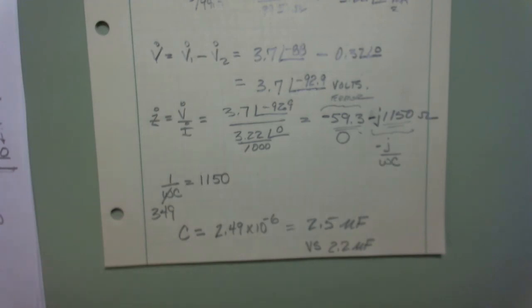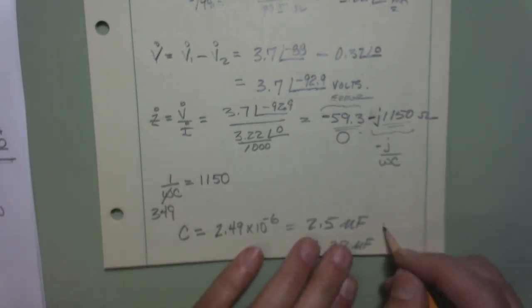We're actually not too bad on that. I didn't necessarily have a way to test the capacitor, I was just going to take it at face value. As far as the inductor, I did the same thing there too. But I do know our capacitor is plus or minus 20 percent. And if we look at that, we're well within the plus or minus 20 percent. So I think we can be pretty happy with that.